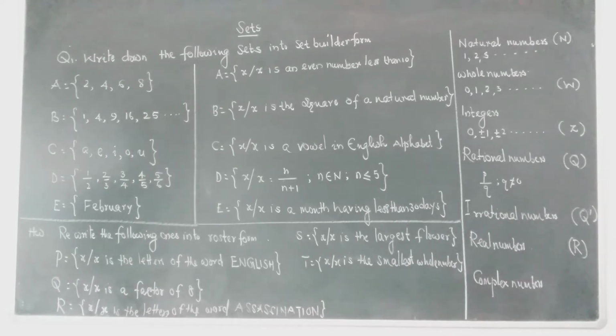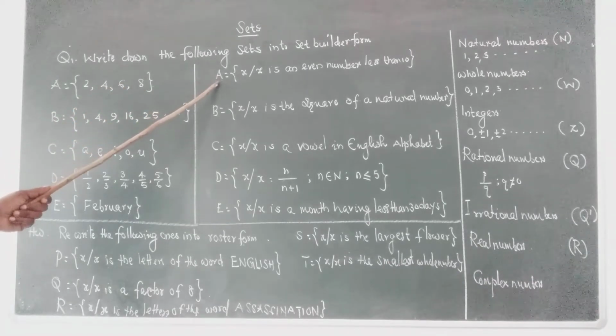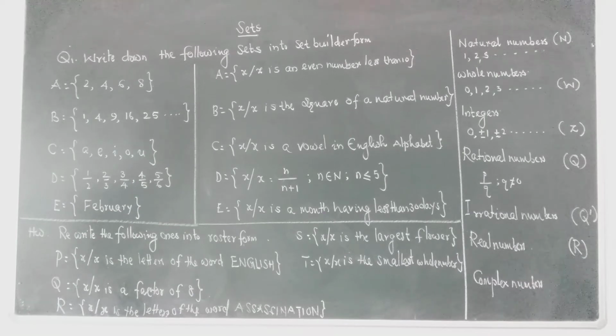All these numbers are even numbers and these numbers are below 10. Therefore the main quality of these numbers is that they are even numbers less than 10. Therefore we can transform the whole set in another way: A is equal to the set of x such that x is an even number less than 10.